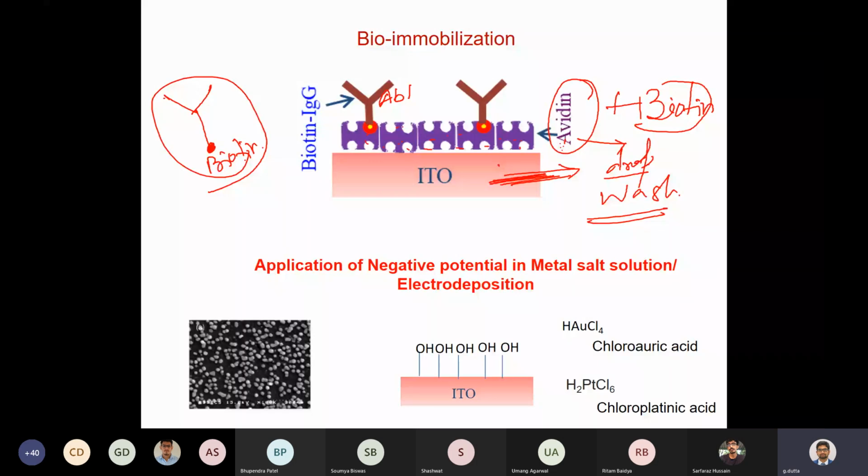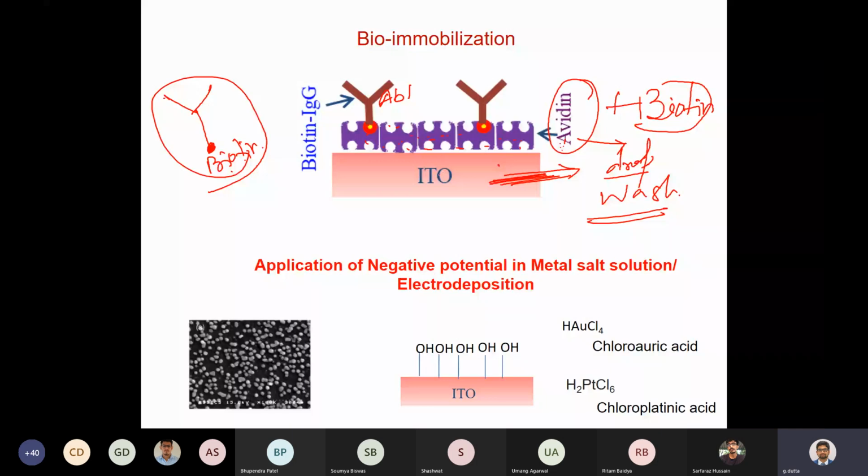Now, if you drop antibody conjugated with biotin on the surface, it will bind easily. So your surface will then be antibody coated because of the strong affinity of biotin and avidin. This is another technique for conjugating antibody on the surface.